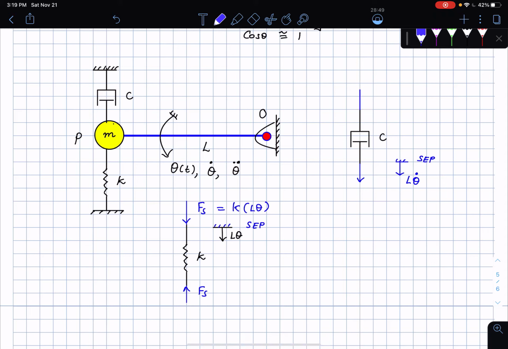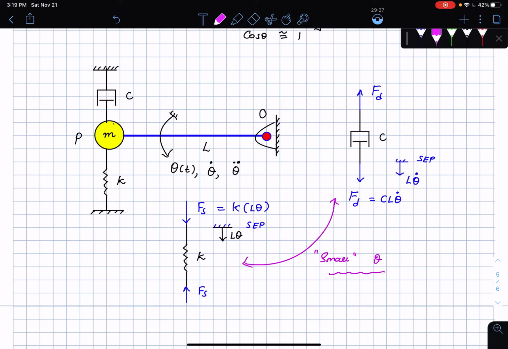There is a force pushing on the spring, and something pushing back on the mass, and then there is a force of the damper that is pulling the damper down. This is FD, and FD is going to be C times L theta dot. This is for very small angles theta, so that's very important to notice. Both of these are for small theta. Now I have the free body diagrams and so on.